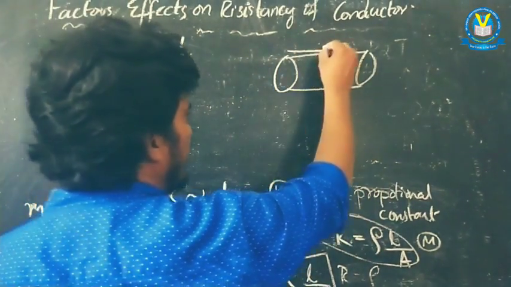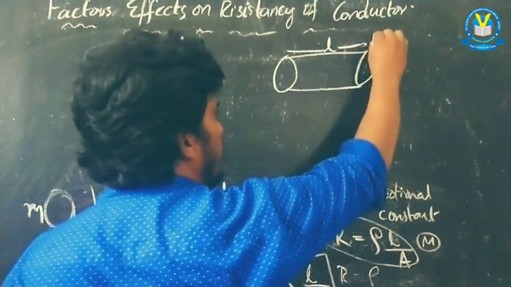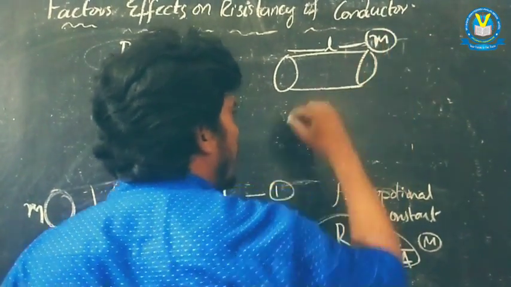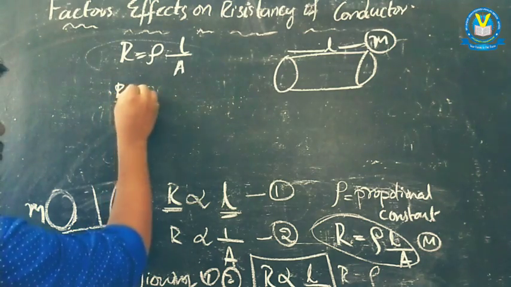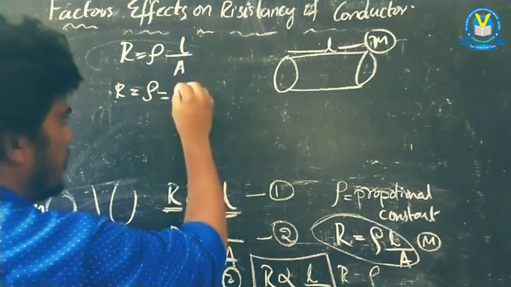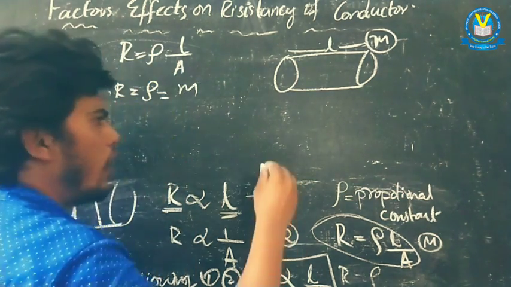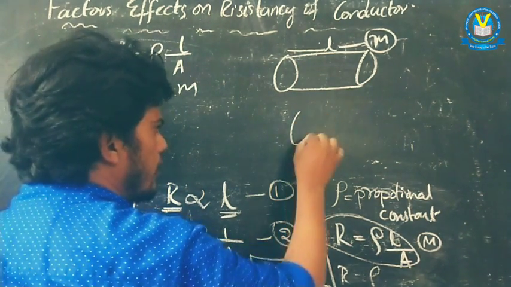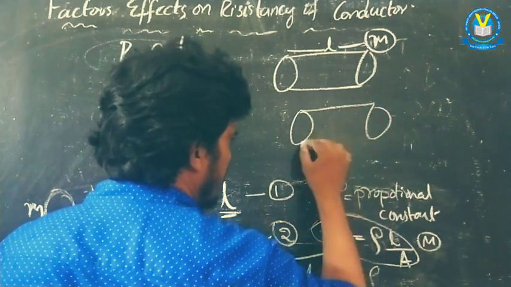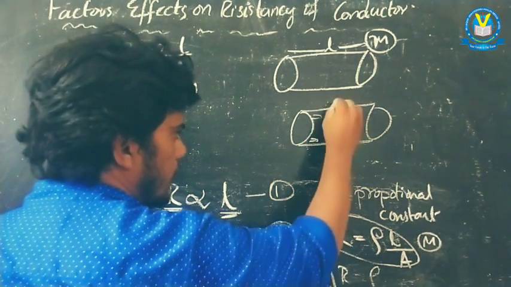For example, if it is a conductor, the length of the conductor is L. The unit of length is meters. So R equals rho times length in meters. As well as the cross-sectional area.